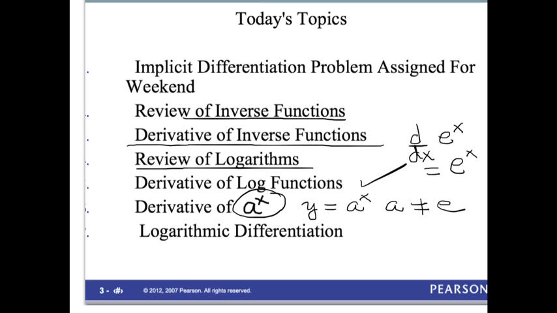And after we do that, we're going to conclude by looking at logarithmic differentiation, which it turns out makes taking the derivatives of some functions that are quite complicated a whole lot easier.